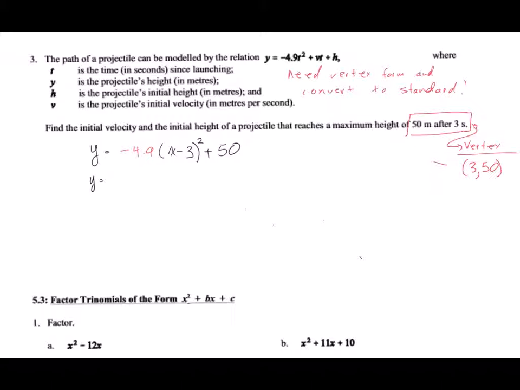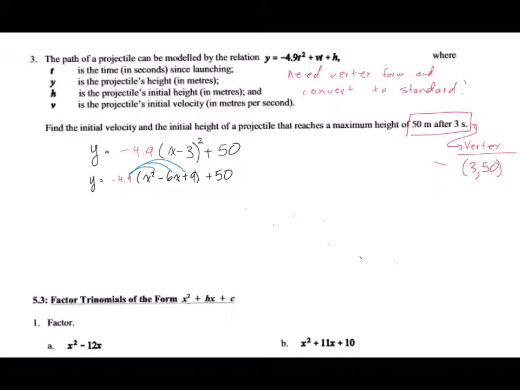So that's our a value. So now let's expand this, because we're going to change it to look something like our original equation up top. So x minus 3 squared is going to be x squared minus 6x plus 9, and that's plus 50. Now we're going to take the negative 4.9 and multiply it into everything inside that bracket.